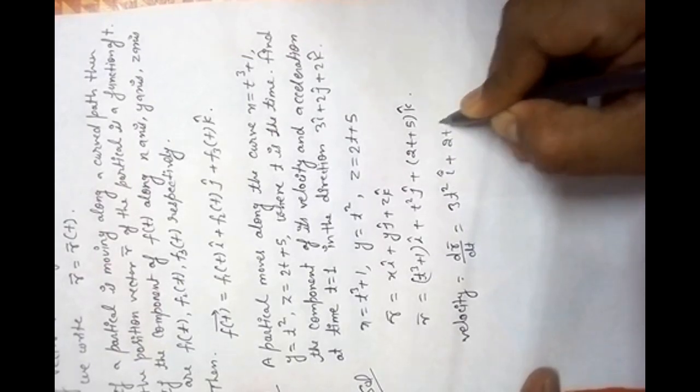So velocity function is dr upon dt. We differentiate with respect to t. Then 3t square i plus 2t j plus 2k.